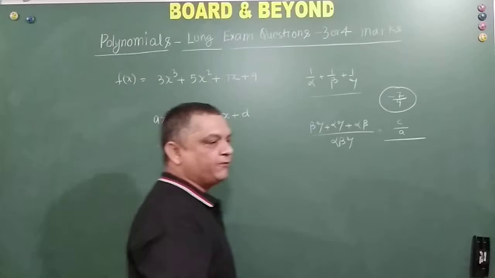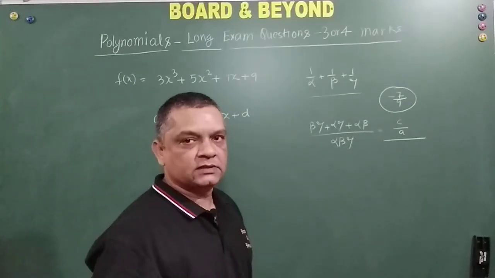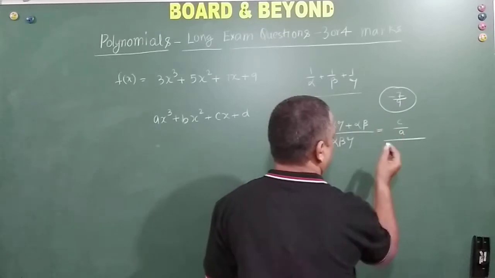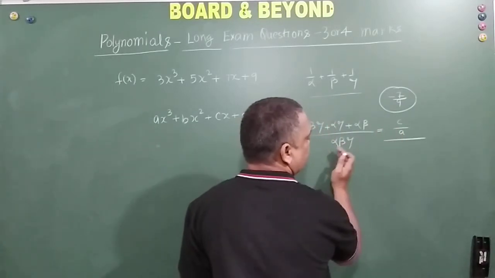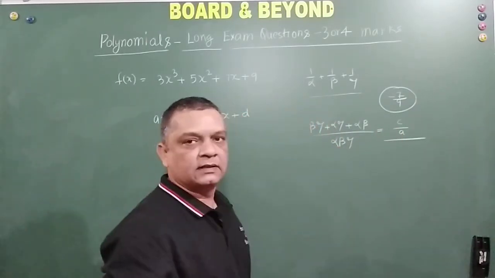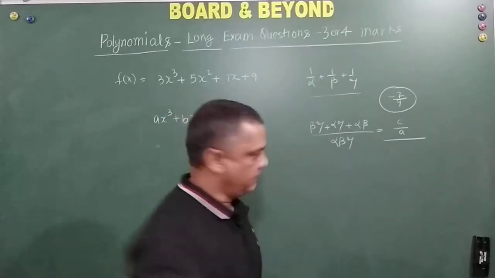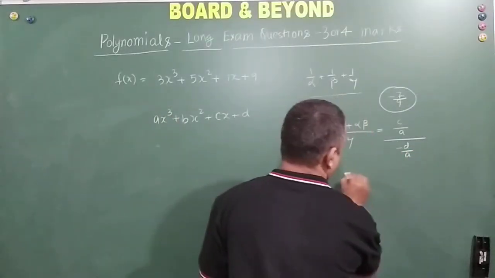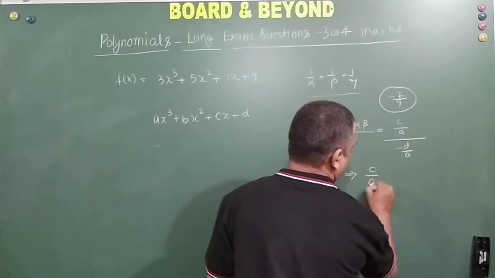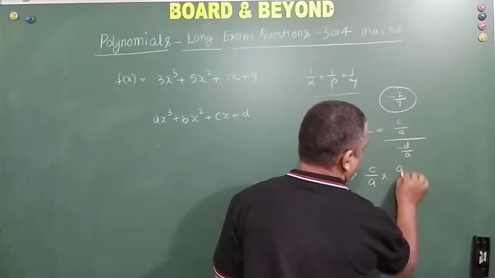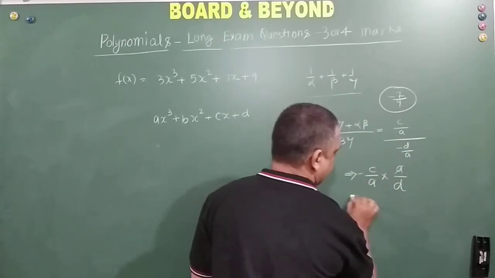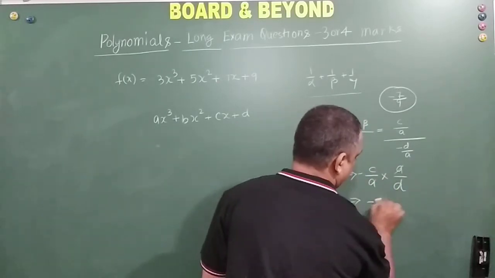If you have seen my previous polynomial lectures, you probably remember it. Now, this is alpha into beta into gamma, which is nothing but minus D by A. So this translates to C by A into A by D with a minus sign. A and A get cancelled, so this translates to minus C by D.